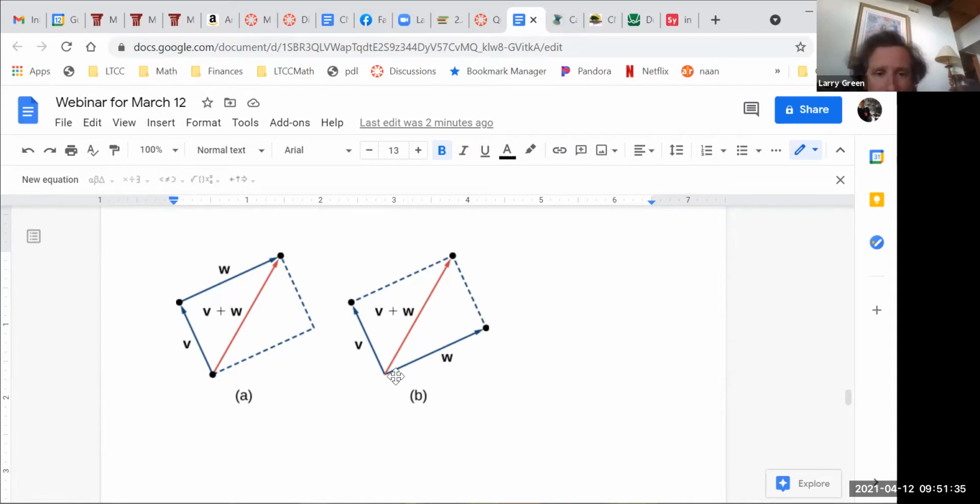Then what you can do is draw the parallelogram, and V plus W will be the diagonal of the parallelogram. Any questions on the geometry of the addition of two vectors? Any questions on the picture?